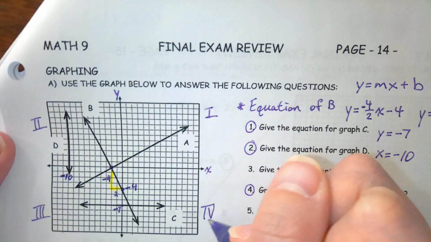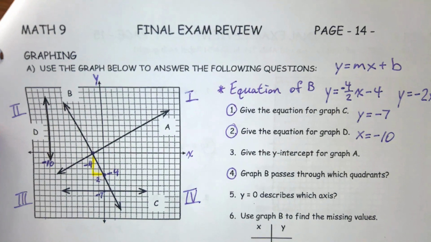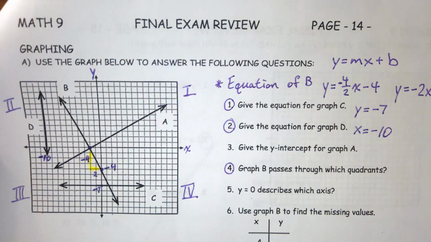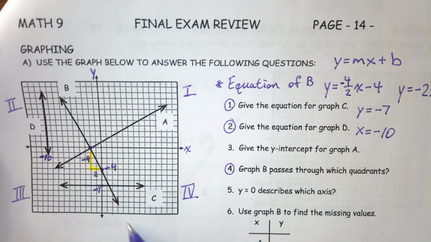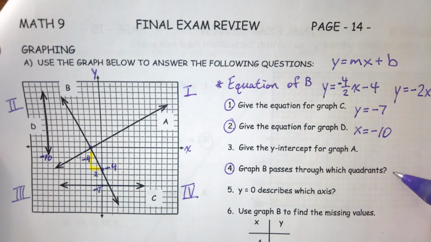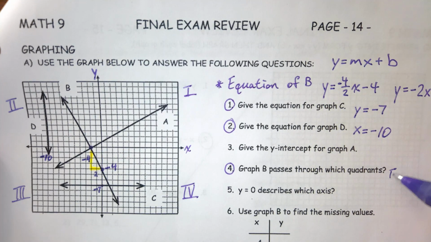Good. So those are the quadrants. And so graph B goes through which quadrants? Number 3, number 2, number 4. Good job.